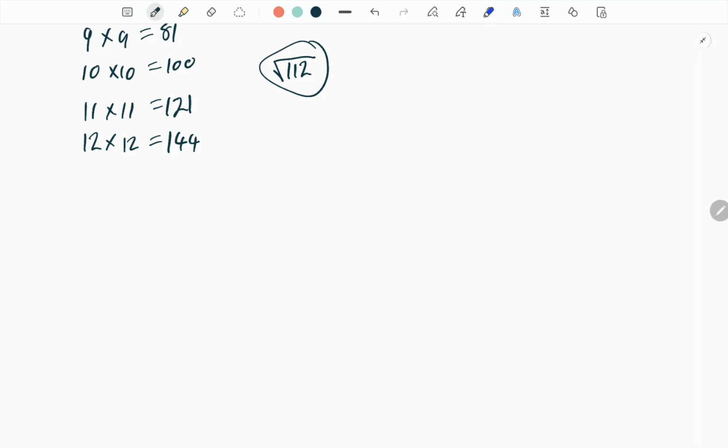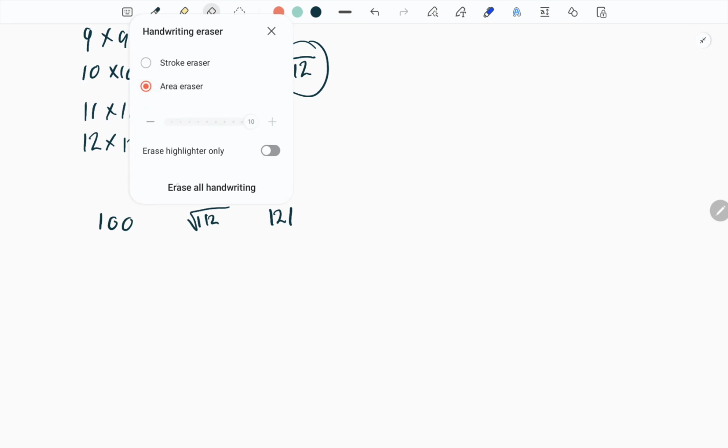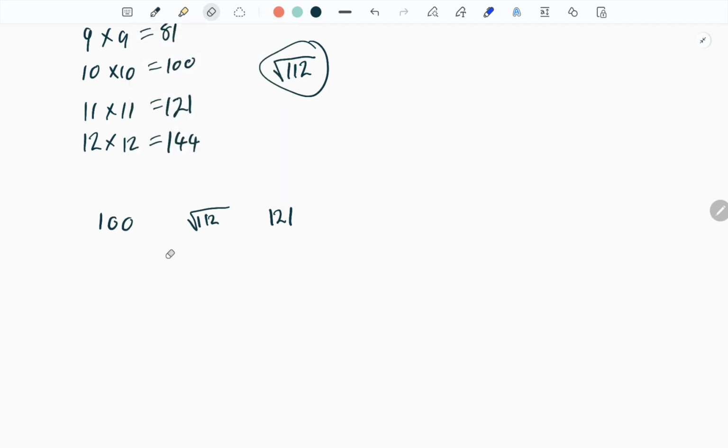All right, so the square root of 112 lies in between.